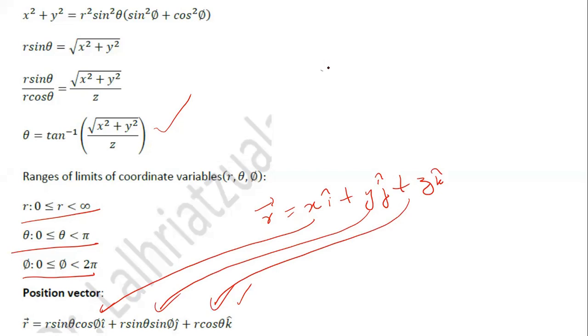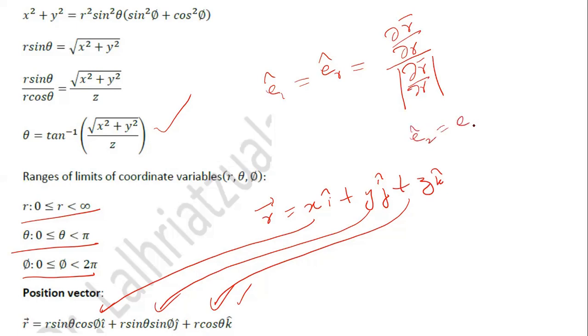What will be the first tangential unit vector? Instead of e1 cap, now we have er cap. Er cap will be the position vector differentiated with respect to the r coordinate and divided by the magnitude. The second tangential unit vector will be e phi, which you obtain by differentiating the position vector with respect to phi and dividing it by the magnitude of that.